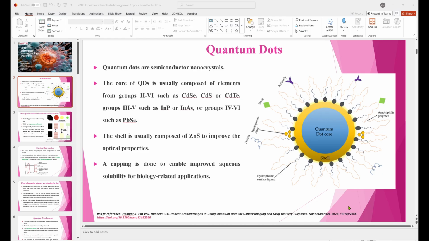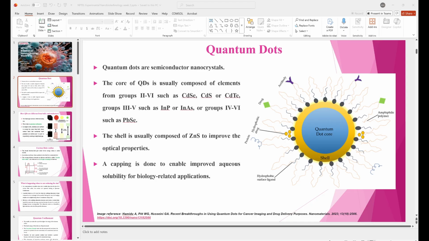Okay. But the biggest disadvantage of quantum dots is that because it is made of heavy metals, there could be toxicity. So in biology related applications, quantum dots are used, but carbon dots are more preferable. They are a safer option for toxicity related results.